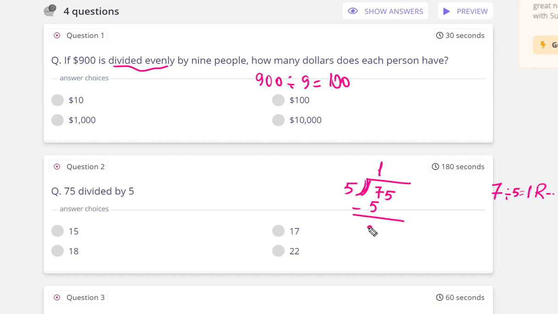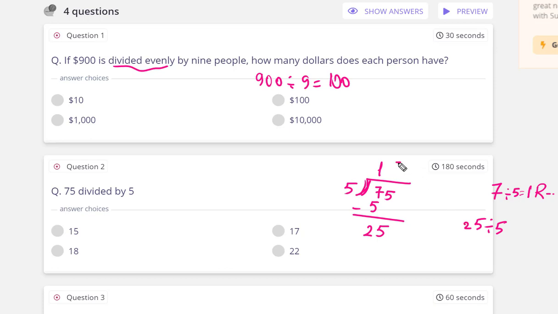Good. What should we do next? Drop the next digit, which is 5. So 25 divided by 5. 25 divided by 5 equals what? 5.